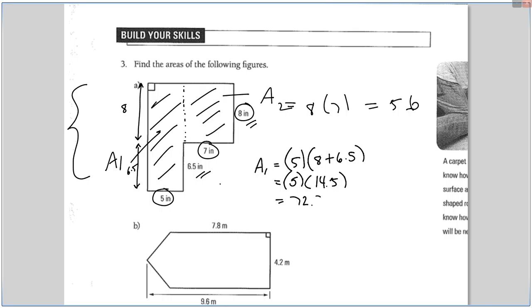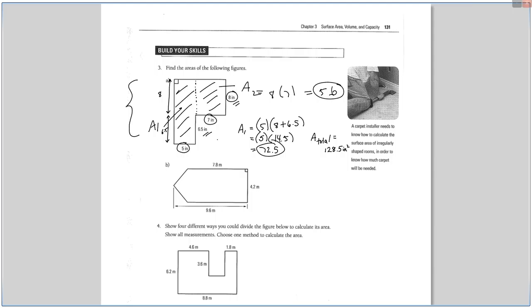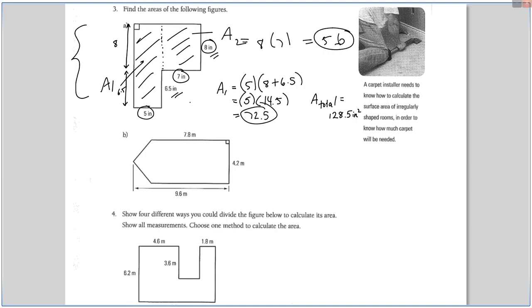Gets 72.5. Now we can add up those two areas, A1 plus A2, and we'll get the area of the irregular shape. So let's call that the total area as 128.5, and the unit is inch square, or square inch. Lovely. So moving on to the next one.